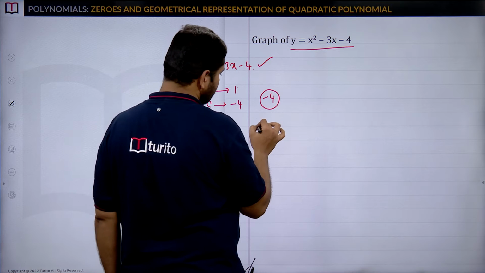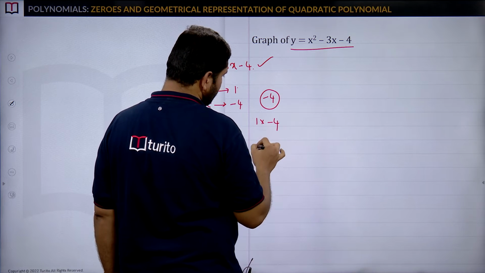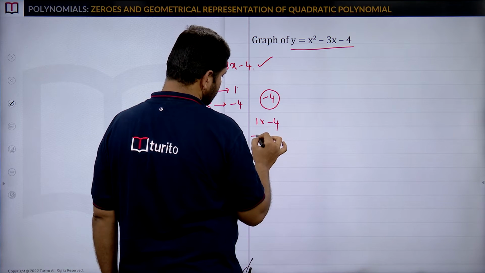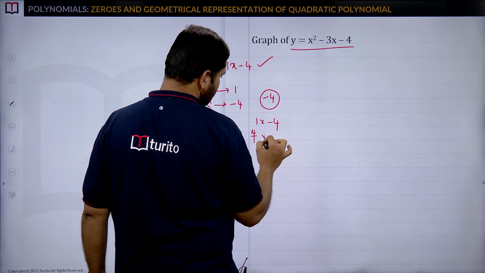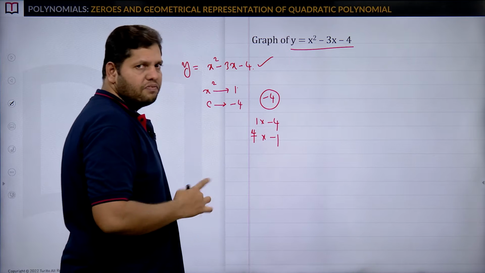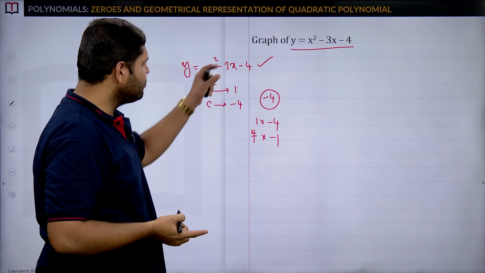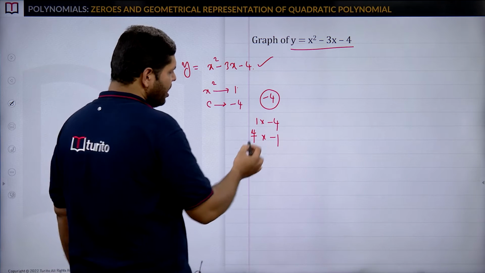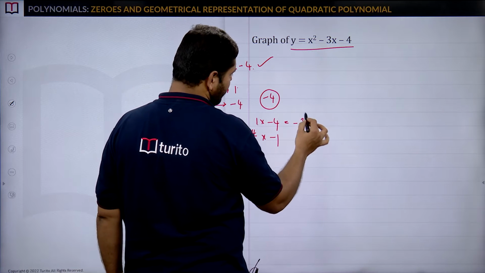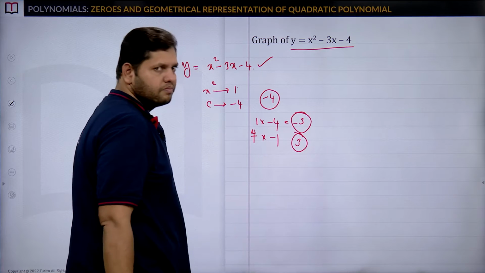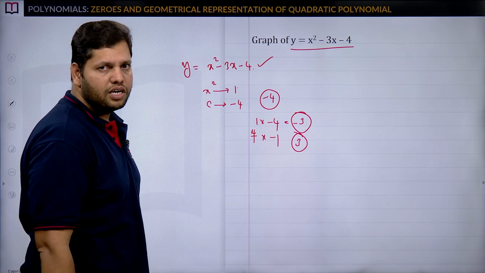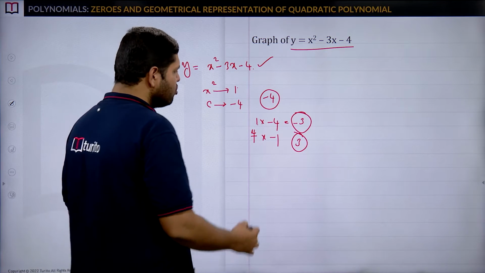We can write 1 into minus 4, or we can write 4 into minus 1 also. But if we add them, we need to get the answer minus 3. If I add 1 and minus 4, the answer is minus 3. If I add 4 and minus 1, I will get plus 3. So what is the suitable combination, children?